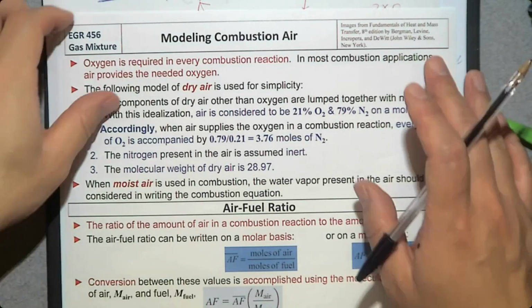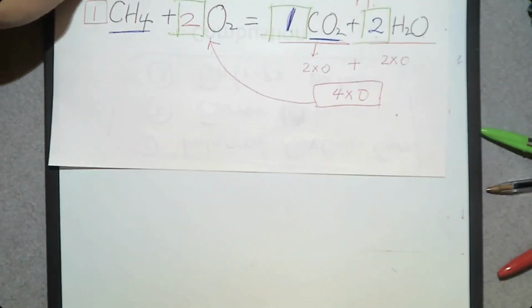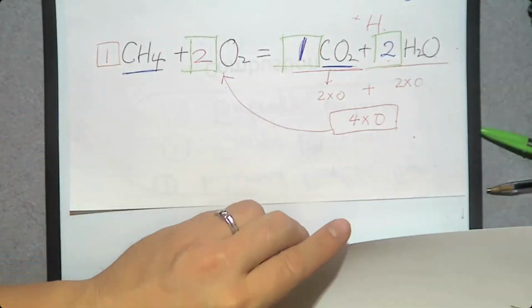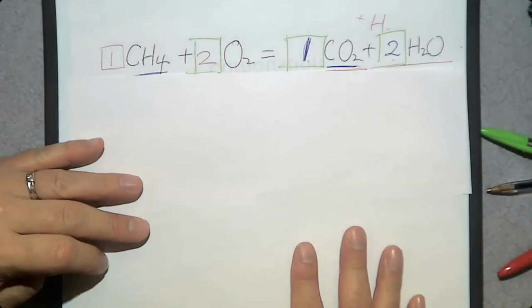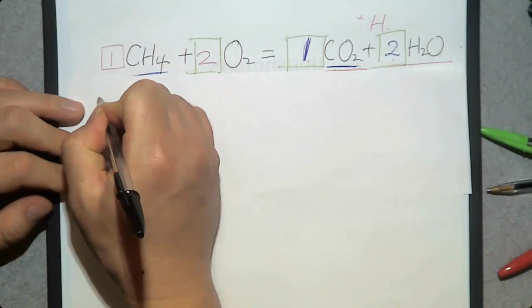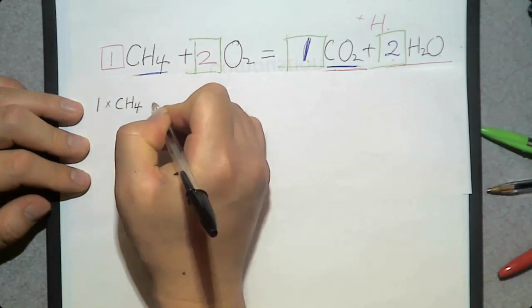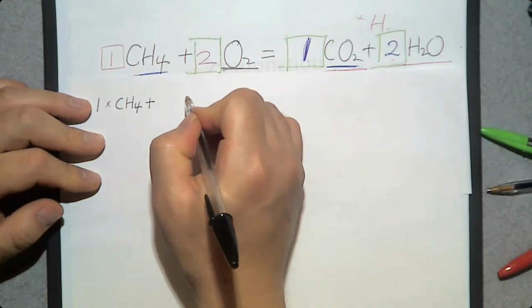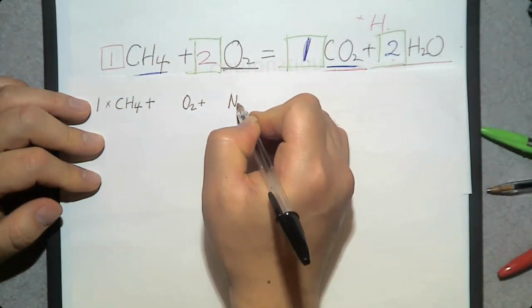So let's determine the balanced reaction equation for this methane, this time with air. This time, this 1 mole of methane is going to react with air, not oxygen alone. So we have oxygen and nitrogen together.